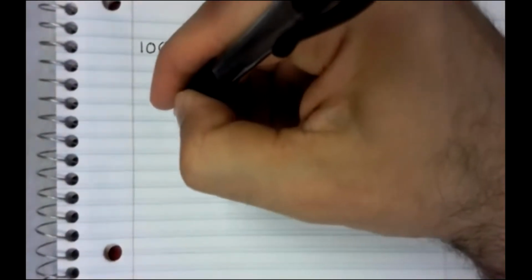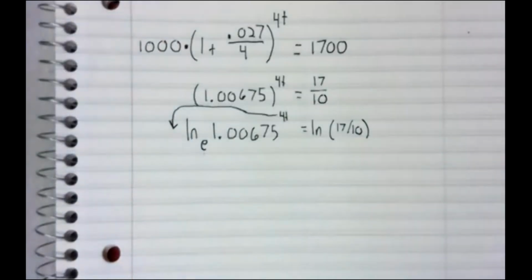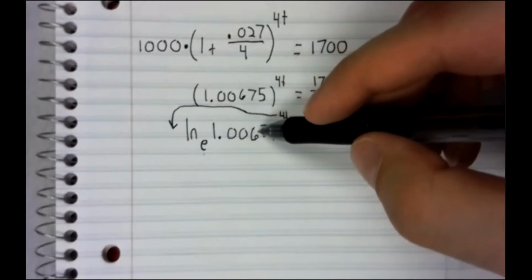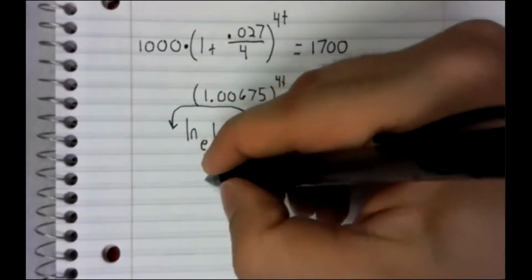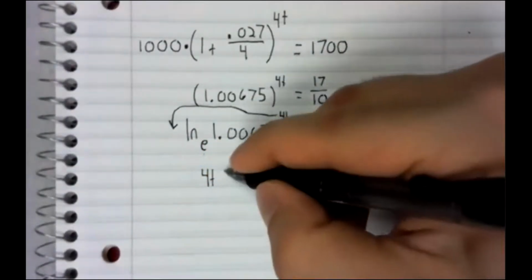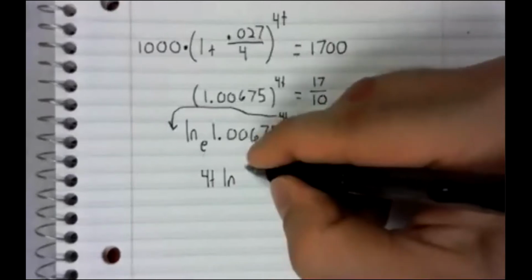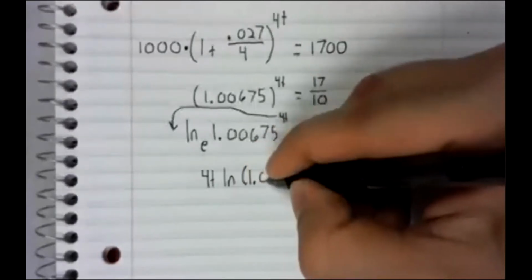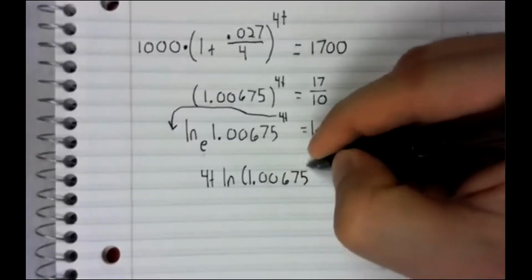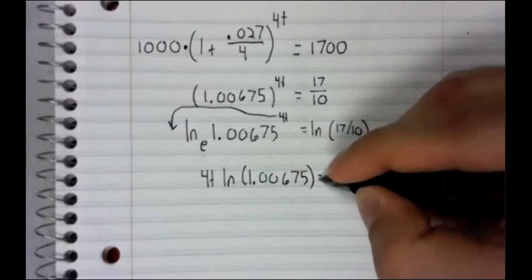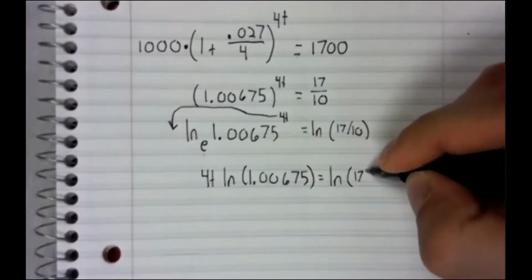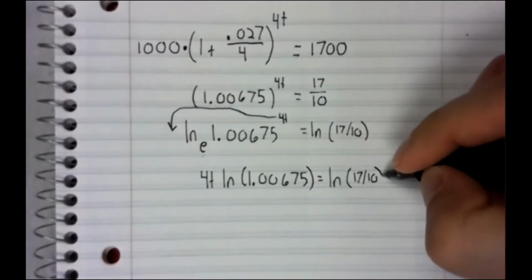Here our bases don't match. We've got base e, base 1.00675. So the natural logarithm doesn't go away, but the power comes down in front of it.